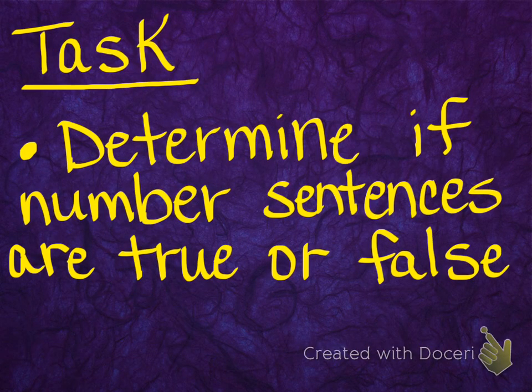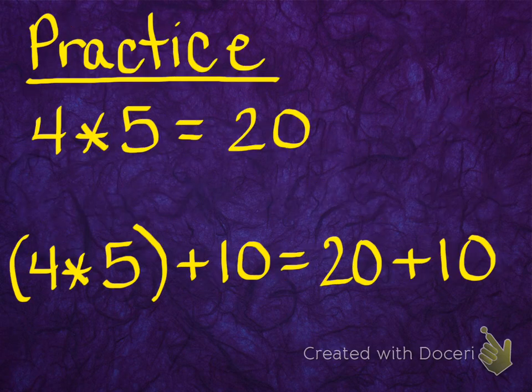So our task today is to determine if number sentences are true or false. So let's take a look at some problems here, and we need to determine if they are true or false. Now, most of the time when we have a problem with an equal sign, what we need to do is make sure that whatever we have on the left side of that equal sign is the same as what we have on the right side.